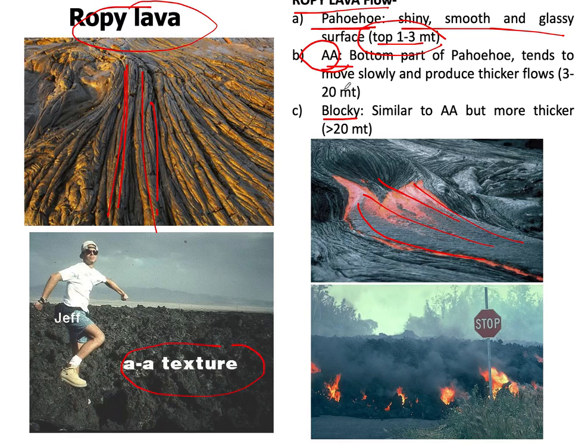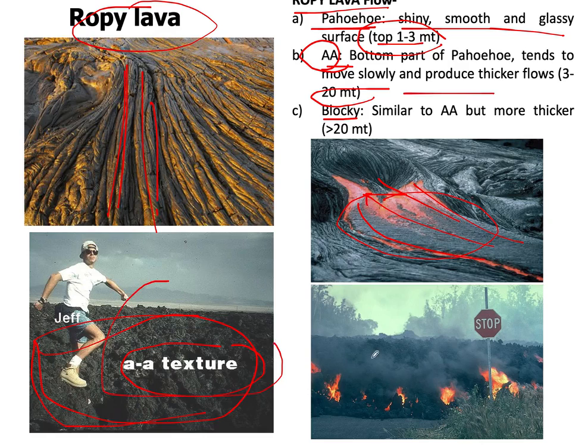This is relatively thick, 3 to 20 meters, and you can see how Jeff is standing and trying to understand the texture. You can see this one is very glassy and thin, whereas this is a thicker texture, right?